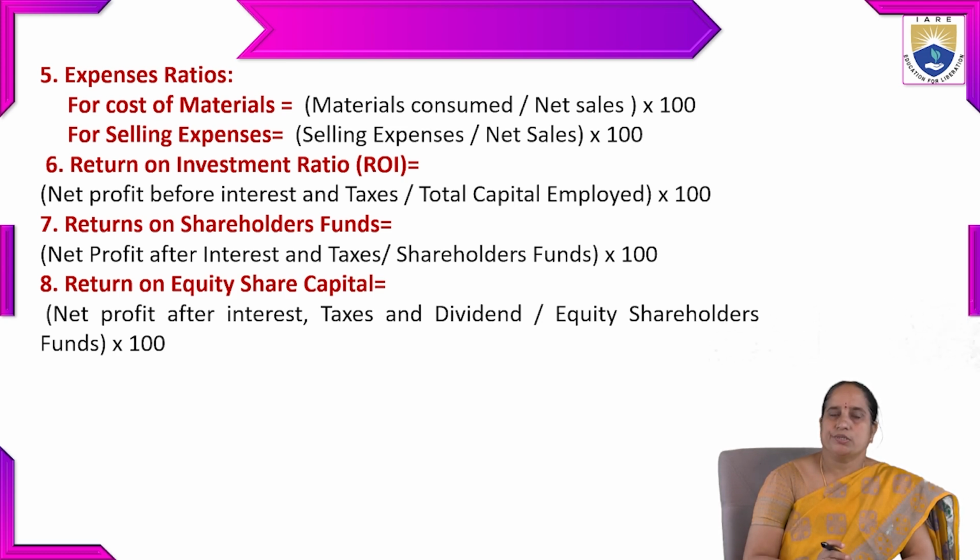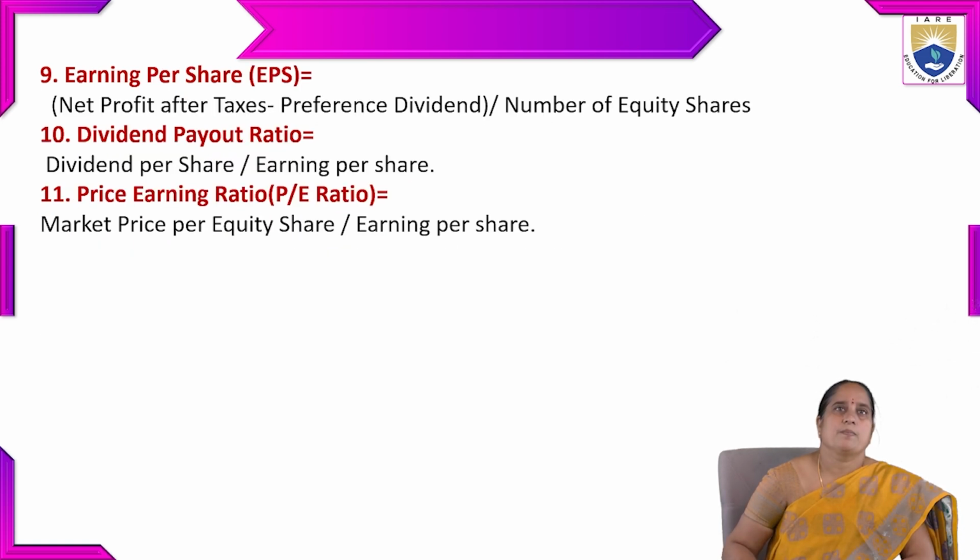Then returns on shareholders fund, it can be derived by the formula net profit after interest and taxes divided by shareholders funds into 100. And return on equity share capital is a ratio of net profit after interest, taxes and dividend to that of equity shareholders fund multiplied with 100.